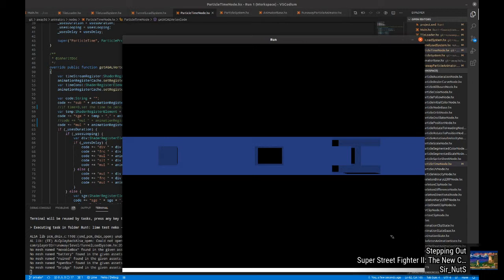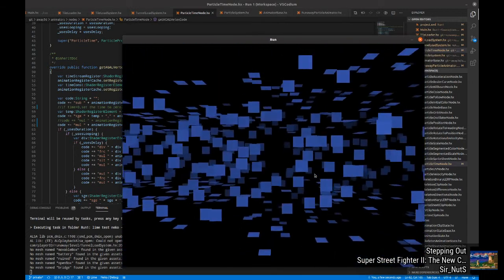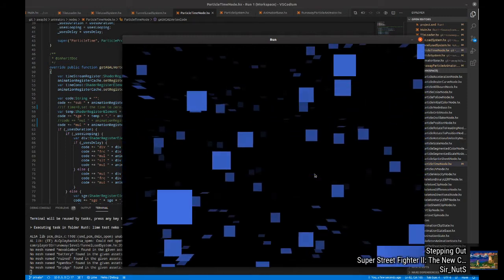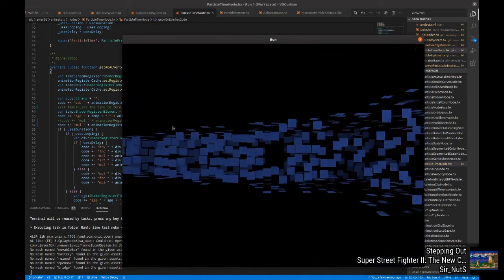Look at this, we have a complete tunnel again. But this time, the difference here is that it's being built from left to right.